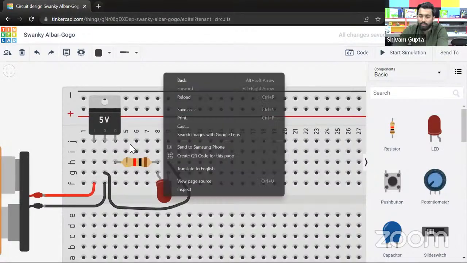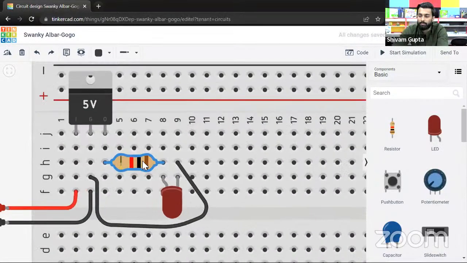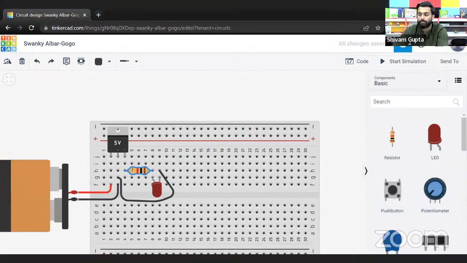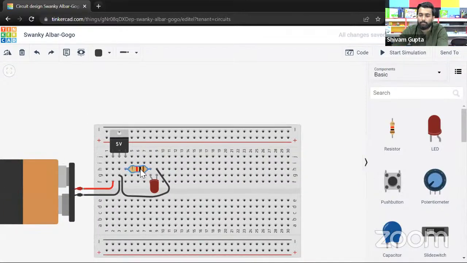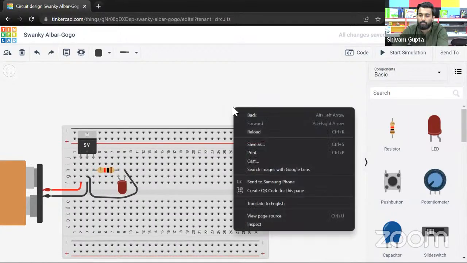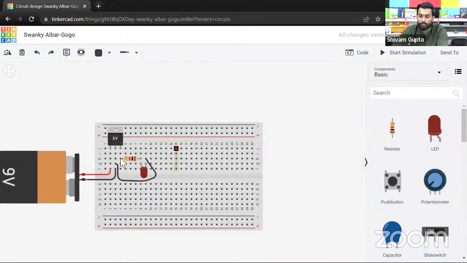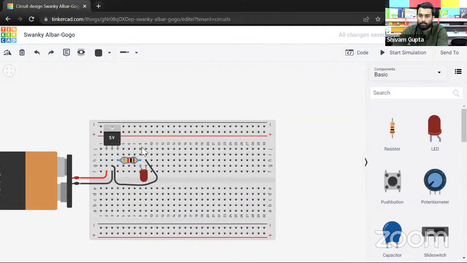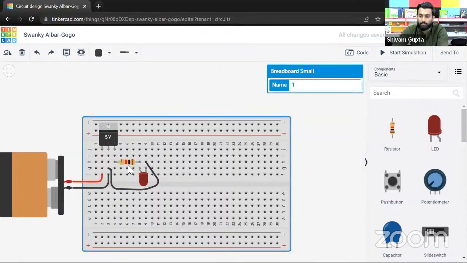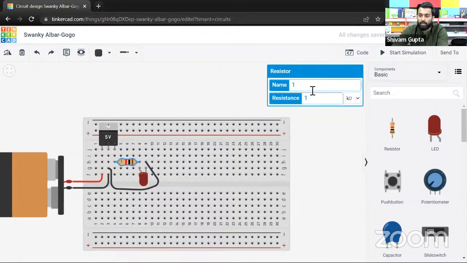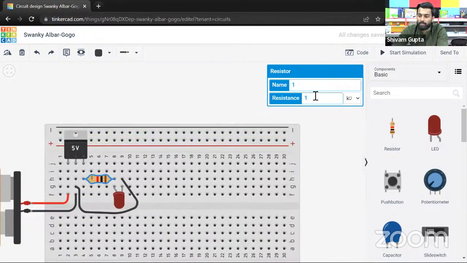Like if I just click on this resistor, okay, so here you can see the resistor, right? And if I just click here, and if I change the value, like right now it is 1 kilo ohms, right?